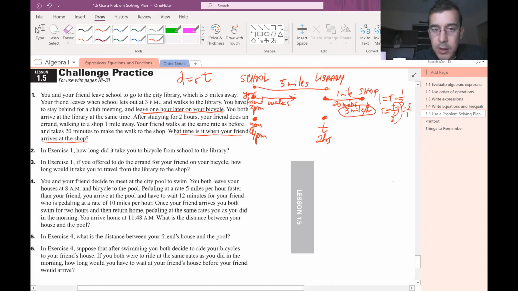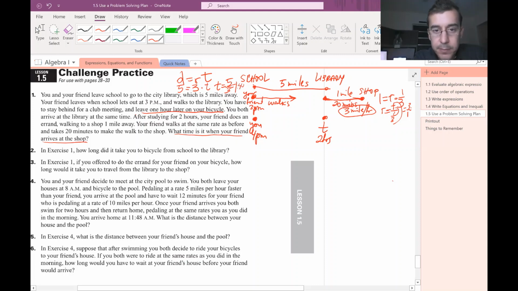The rate is 3 miles per hour and the distance is 5. So we plug in the numbers in this formula here. The distance is 5 miles from the school to the library. The rate of walking of the friend is 3 miles per hour, times t. So t would be 5 over 3, or that's 1 hour and 2/3, or that's 1 hour and 40 minutes.